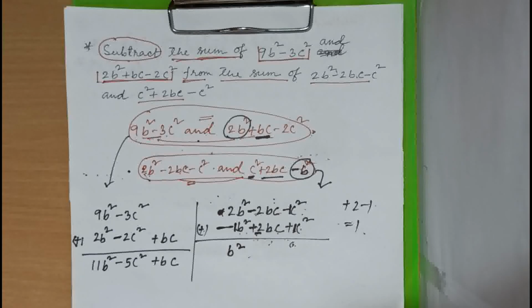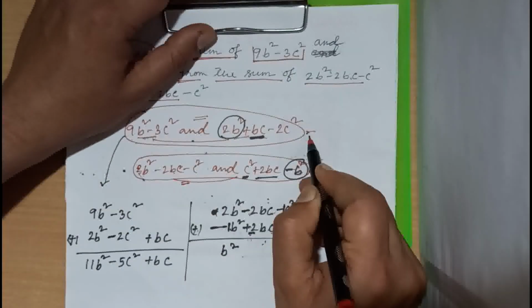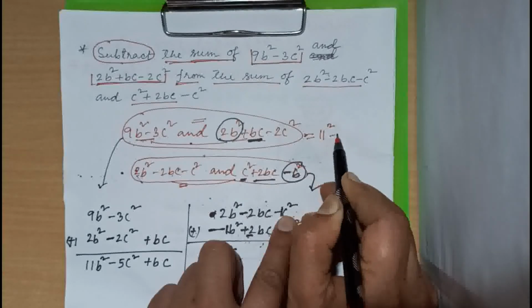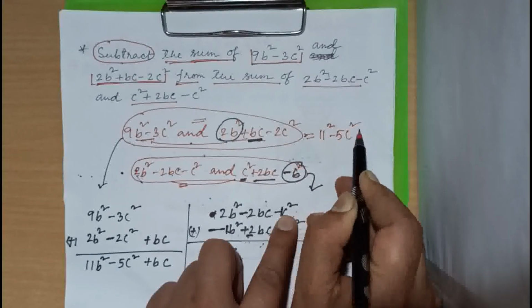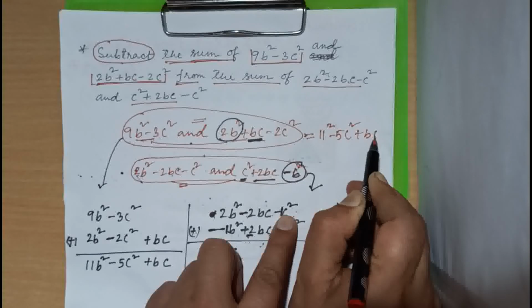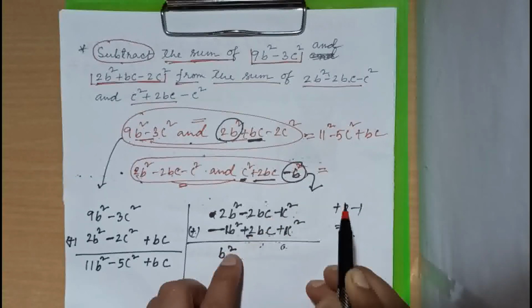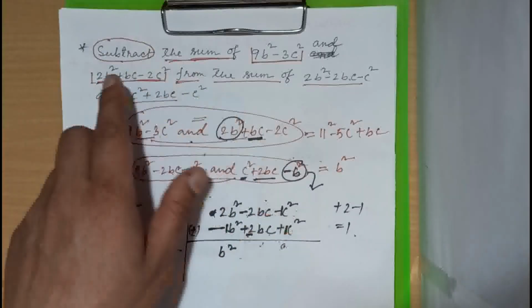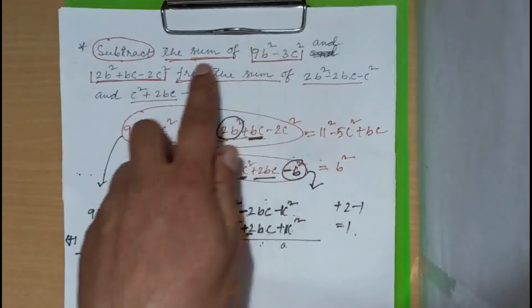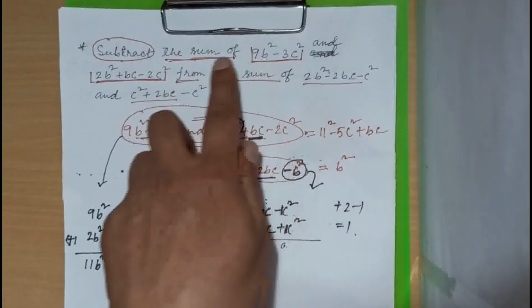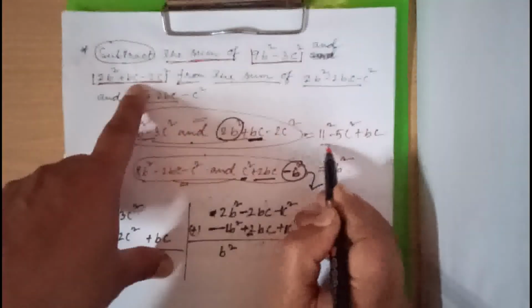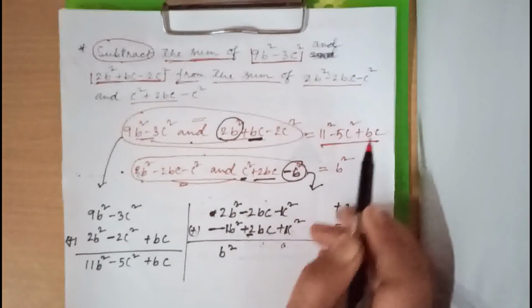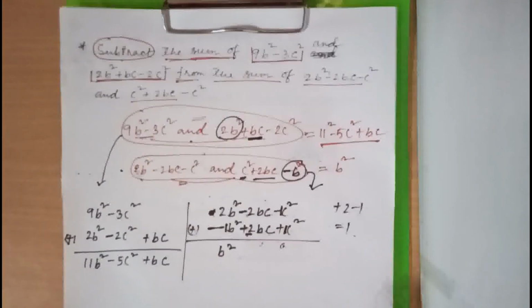That means the sum of these two we are getting 11b square minus 5c square plus bc, we have got the sum, and the sum of these two we have got b square. Now what the question is asking, subtract the sum of this and this, that is this one, we will subtract from this one.